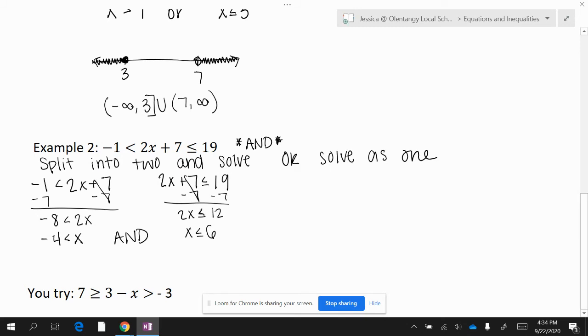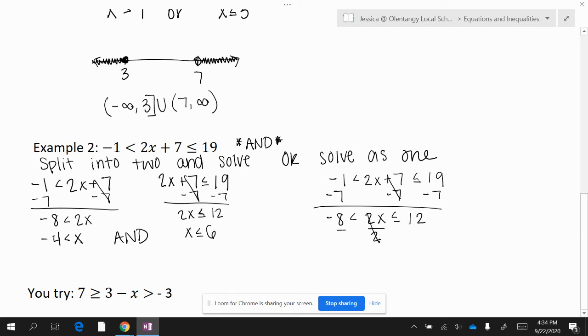Or if you go ahead and solve as 1, negative 1 is less than 2x plus 7, which is less than or equal to 19. You would just have to do it on all sides. So if I subtract 7 here, subtract 7 on every part of your inequality. So I'd get negative 8 is less than 2x, which is less than or equal to 12.